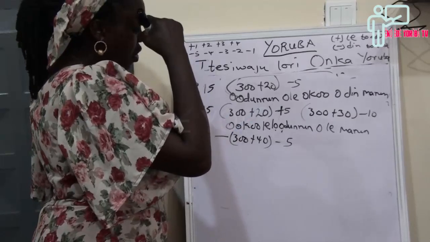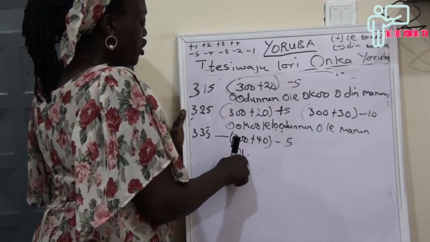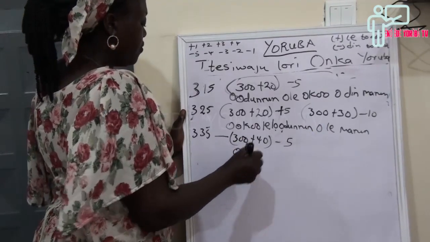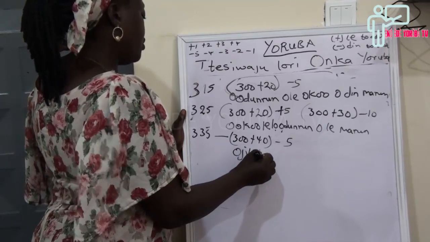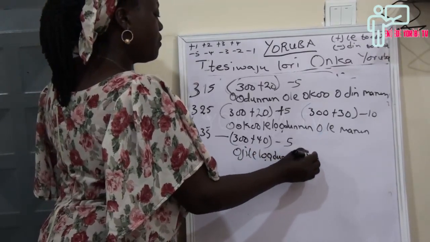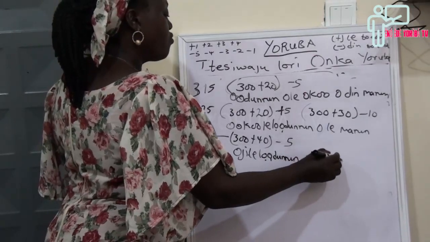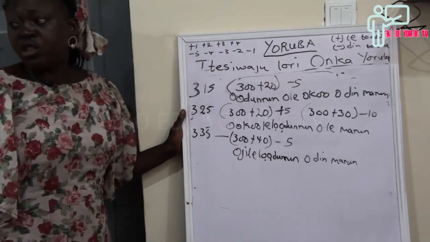So it will now become òjì lé lọ́ọ̀ọ́dúnrún ó dín márùn-ún.